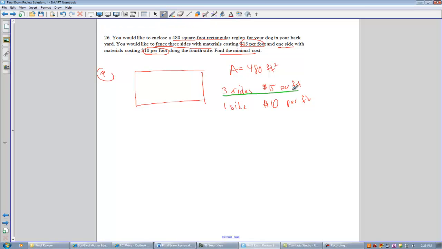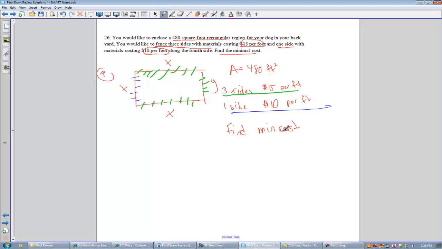We'll do $15 in green, so this will be the green side, $15. And then we'll have a blue side, and that's the $10. And we'll label the sides. The horizontal will be x, the vertical will be y. So you have x, y, x, y. And the most important thing to write down is find min cost.